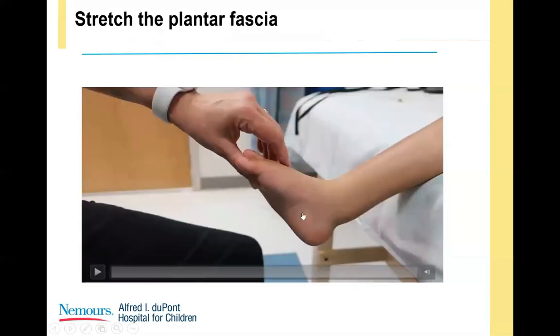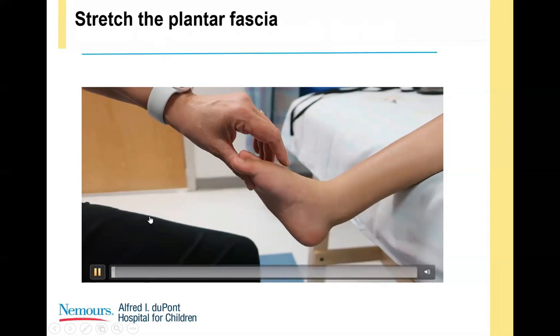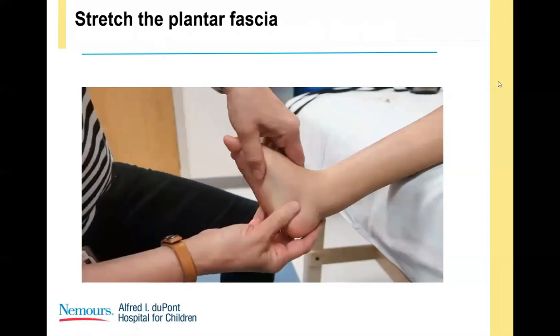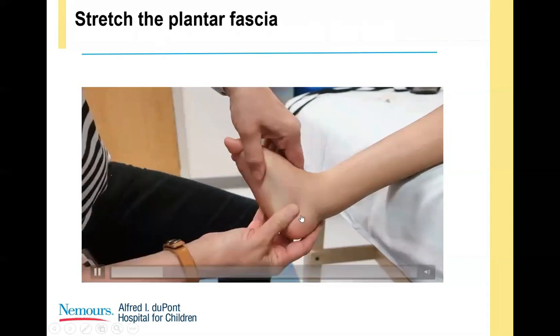Oh, going back. So my friend has a tight plantar fascia, and you can see she has a deep crease, and when I bring her foot up, her big toe drops because she's so tight. And this is my friend that had the bump on the bottom of her foot, and you look at the inside of her foot and it's just not exactly the way you would want it. So I'm going to stretch that by taking hold of the heel and pulling the heel away from the forefoot.